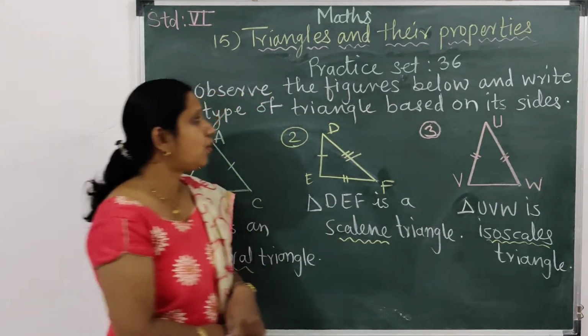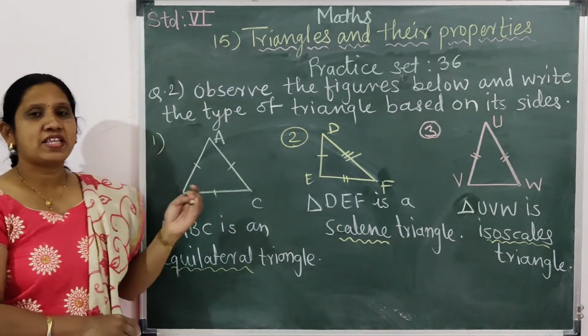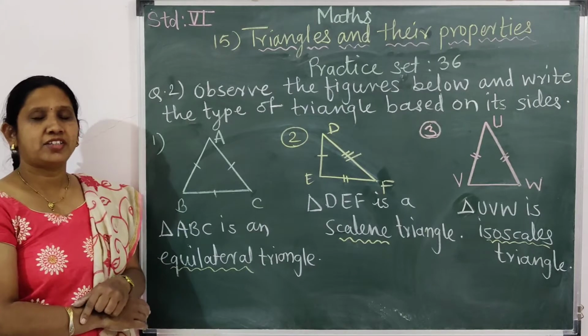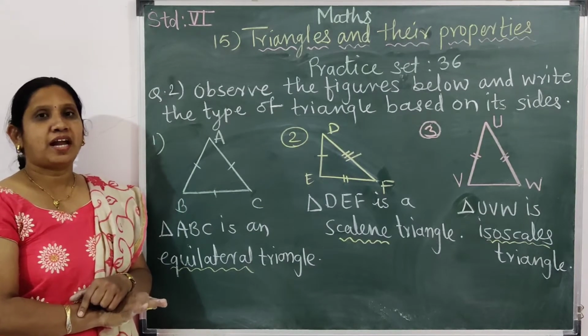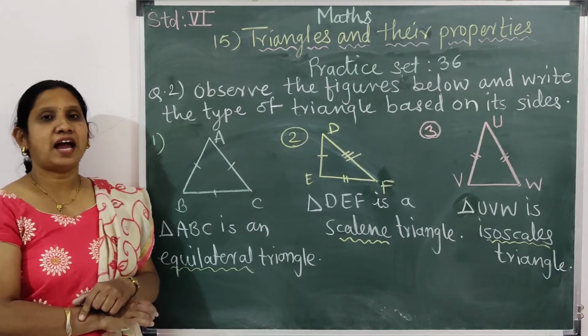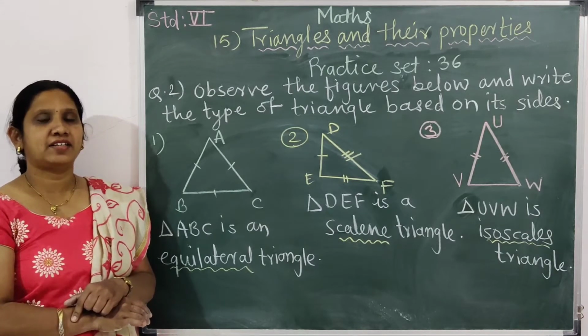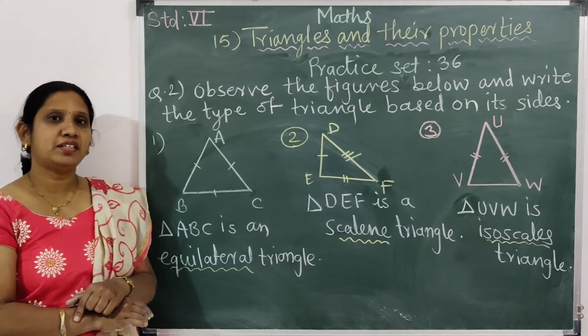Alright, so this is how we have studied question number 2. It's very easy to write down names of the triangle based on the angles and based on its sides. Now we'll solve question number 3.